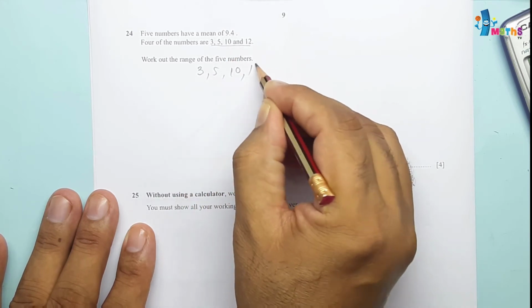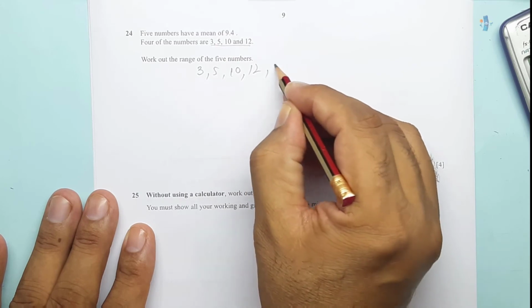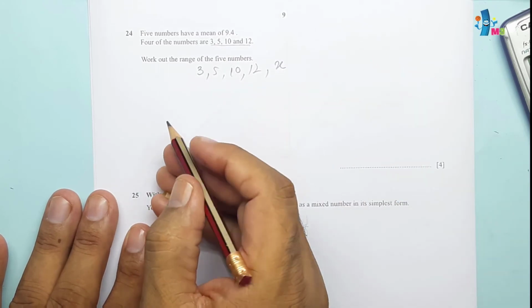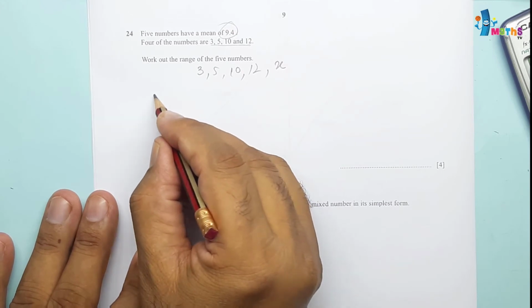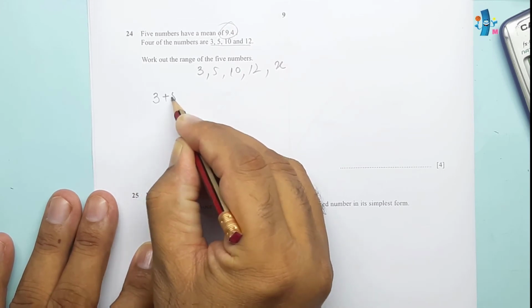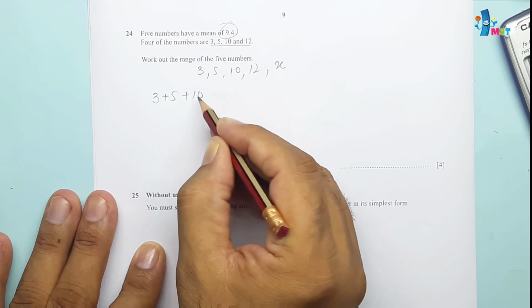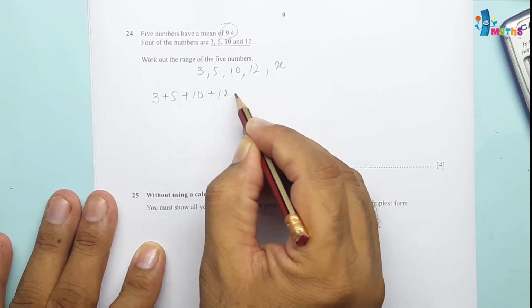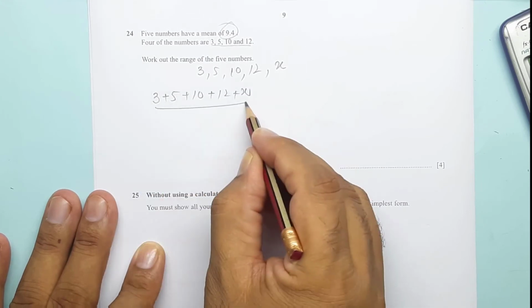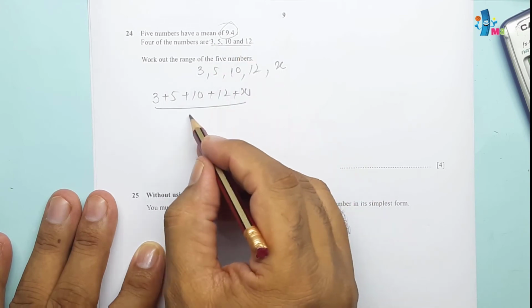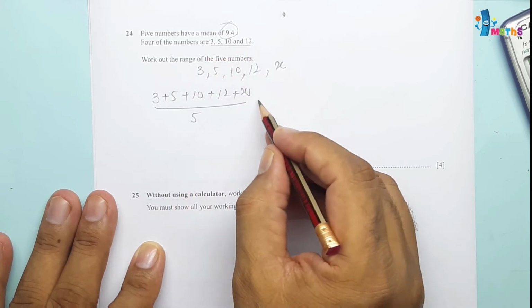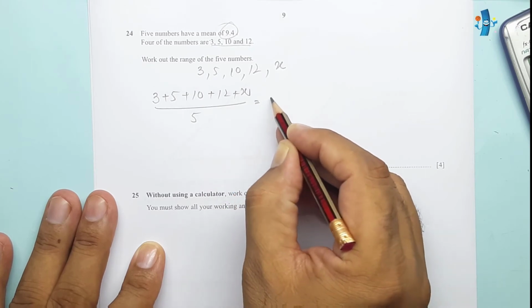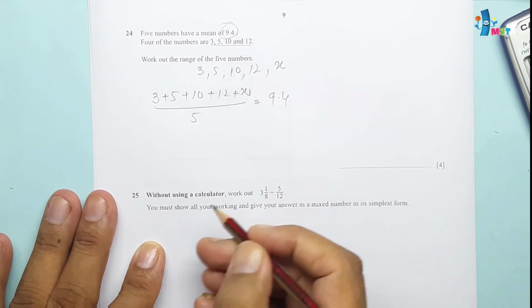The mean they have provided us is 9.4, and mean we know we are adding the numbers 3 plus 5 plus 10 plus 12 plus x and dividing by the number which is 5, 1, 2, 3, 4 and 5 numbers, so divided by 5 is equal to 9.4, which is provided.